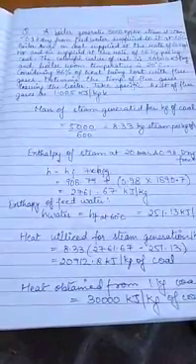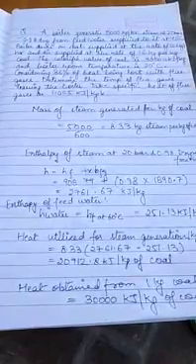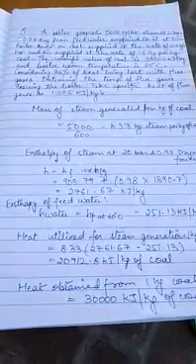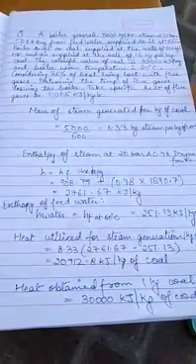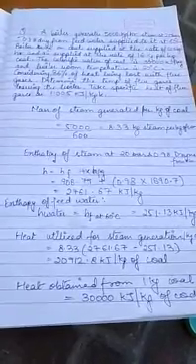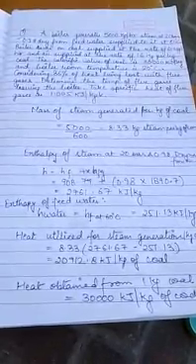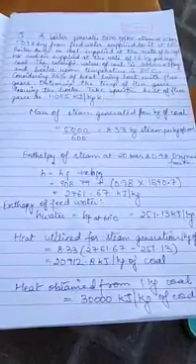The stated problem is: the boiler generates 5000 kg per hour of steam at 20 bar, 0.98 dry, from feed water supplied to it at 60 degrees Celsius. The boiler runs on coal supplied at the rate of 600 kg per hour and air supplied at the rate of 16 kg per kg of coal.